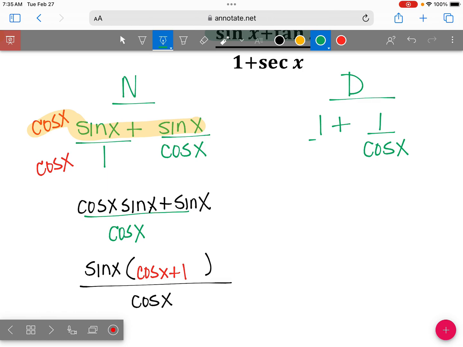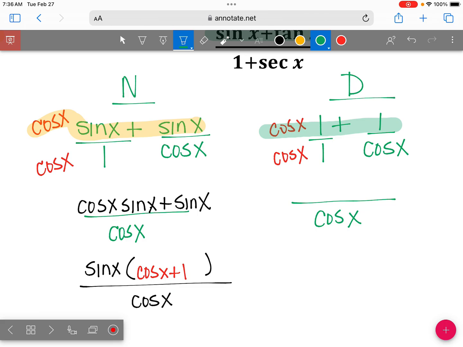So this is really a 1 over 1. So I'm going to multiply this top and bottom by cosine. So when we make our fraction bar, my denominator is cosine. And then this is what I have going across the top. I have cosine times 1 plus 1.